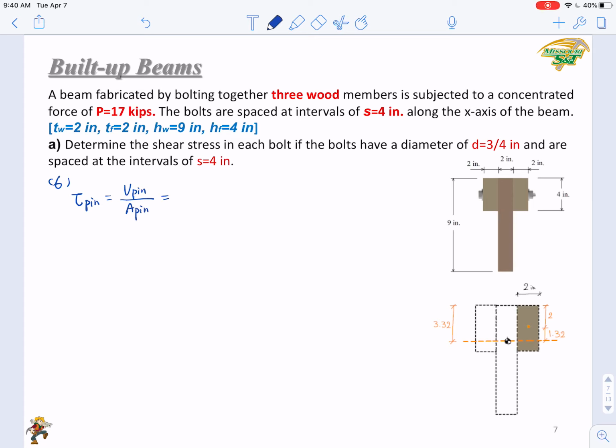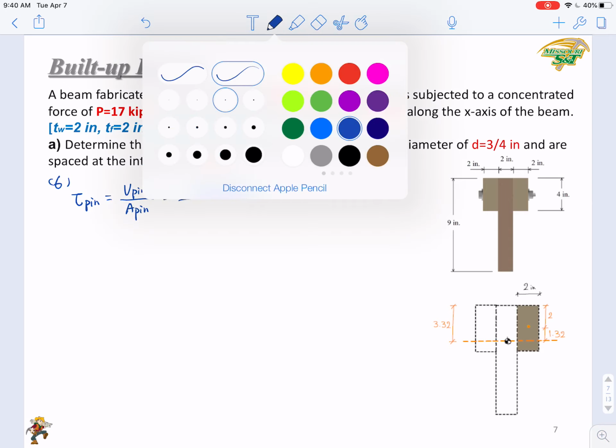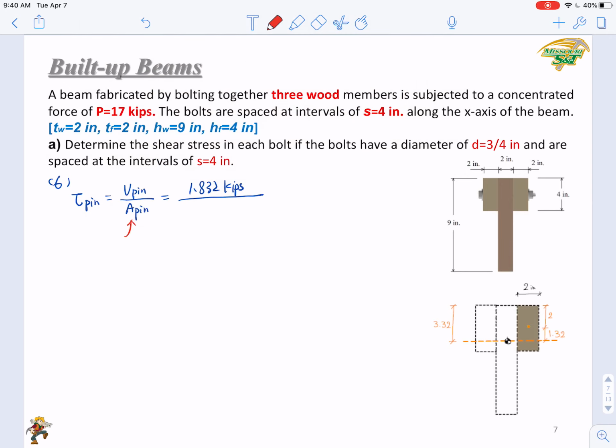So that is 1.832 kips, which we just determined, over A. What is the A? It's the bolt area: A pin equals pi D pin squared over 4.